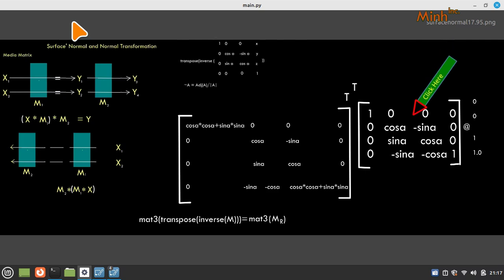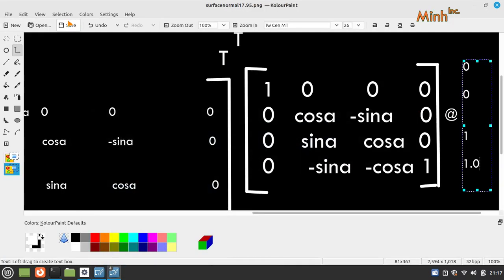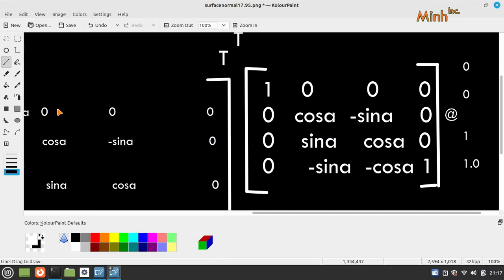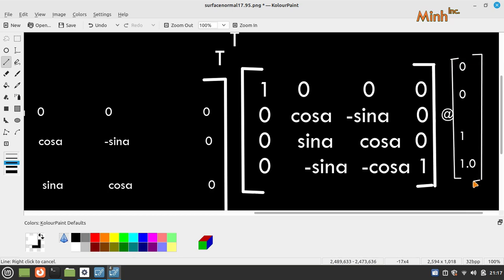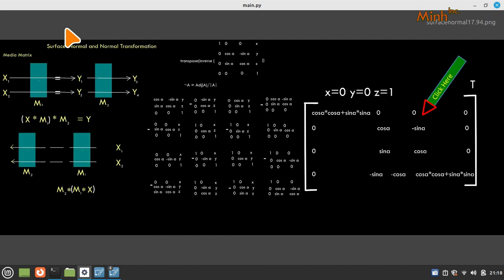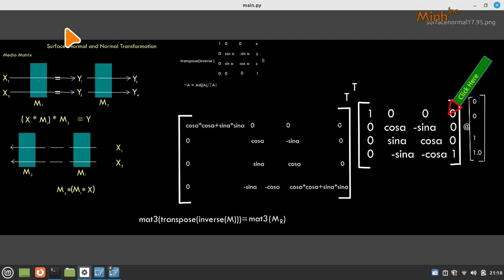Now if I multiply this with that, this can be represented like this. This is input. Now we'll do the computation.